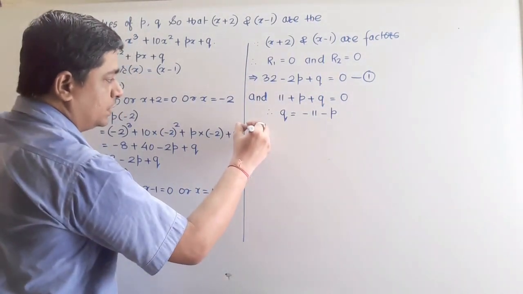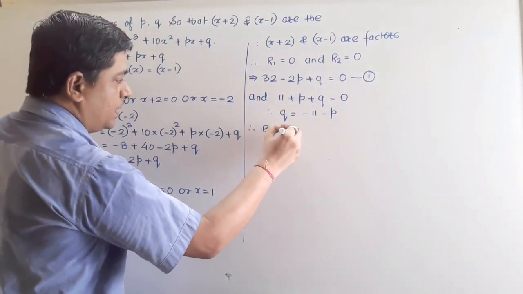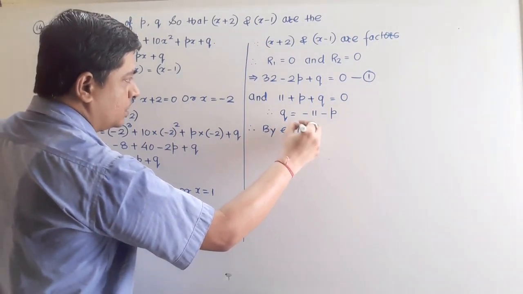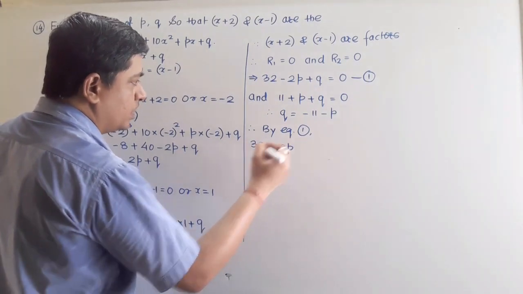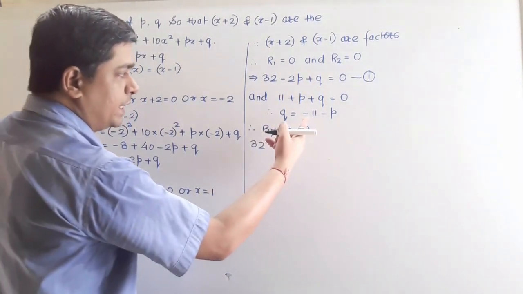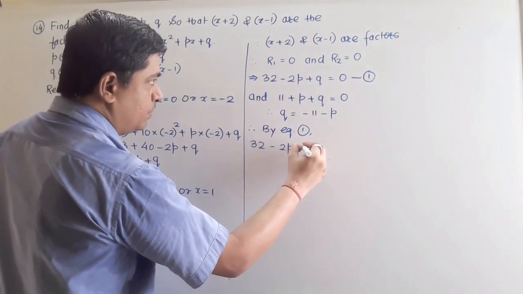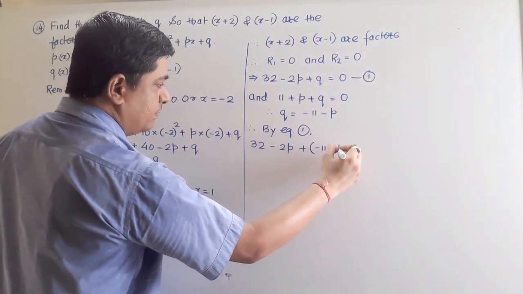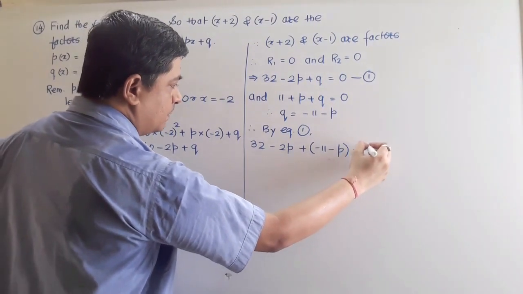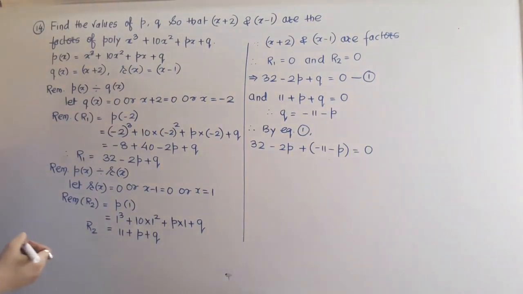So write down further, therefore by equation 1: 32 minus 2p plus, what is the value of q I have? Minus 11 minus p. So plus sign is given outside, in the bracket I will put the value minus 11 minus p is equal to 0. Let us simplify further.